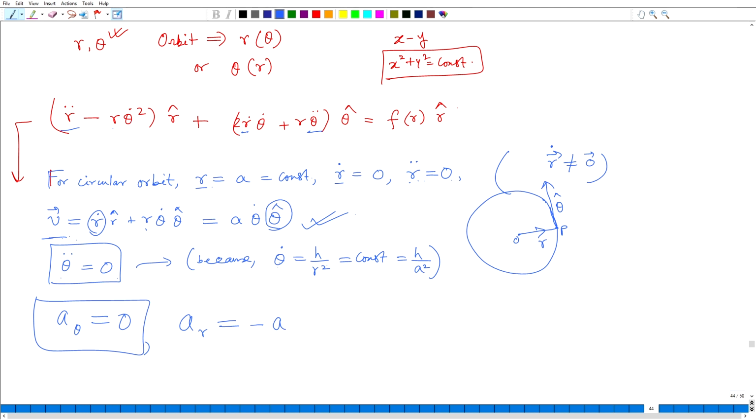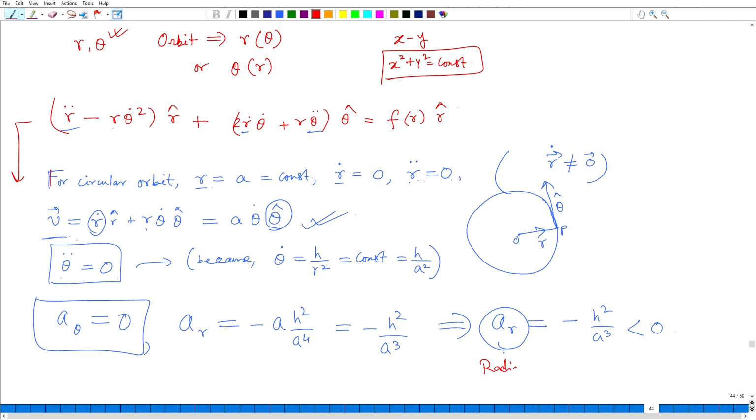So, theta dot square will be h square by a to the 4, so it will be minus h square by a cube. So, finally, you will see that the acceleration is only radial, but this is minus h square by a cube, which is negative. That means that the acceleration is radially inward.